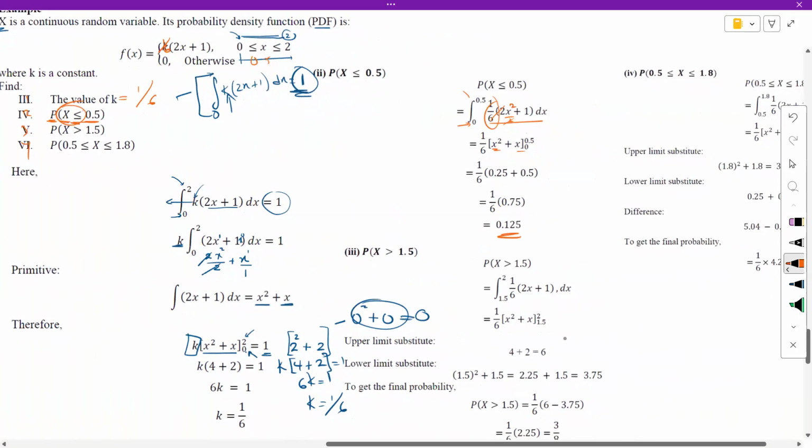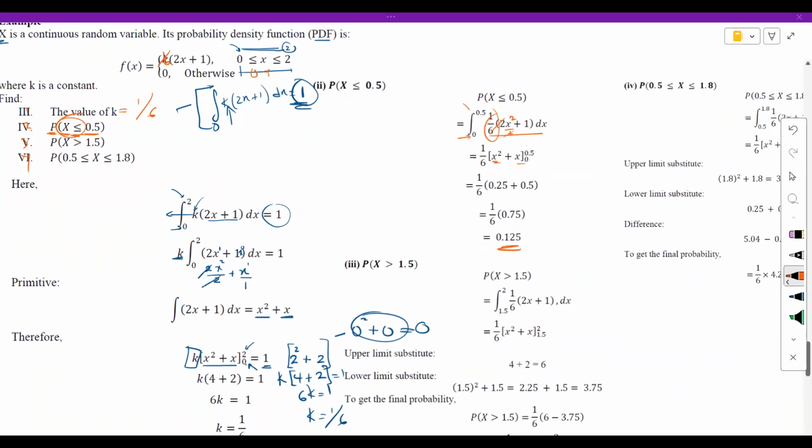I can tell you how to solve it using the calculator. Integration.